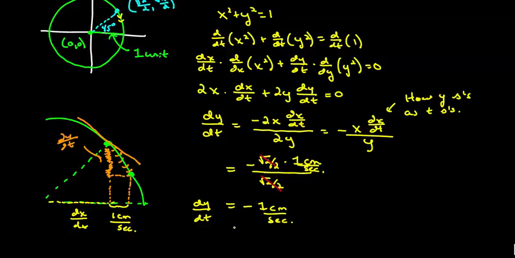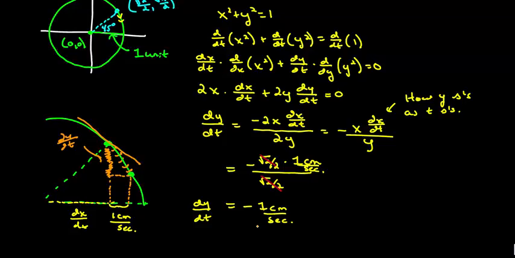That tangent line tells us the instantaneous change. Remember, this is as we push up; the actual value would be this, and this is a linear approximation, because it would actually change by a little bit more than that. But exactly at (square root of 2 over 2, square root of 2 over 2), the rate of change of y with respect to time is negative 1 centimeter per second.